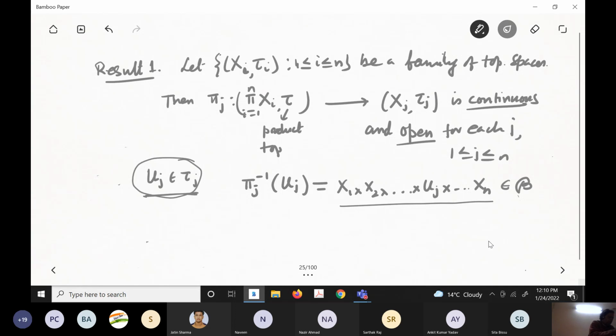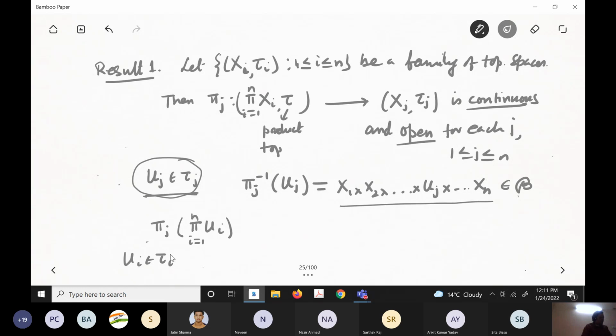For open, all I need to check is that the image of a basic open set is open, because other open sets are unions. So I need to check the projection pi_j on basic open sets. For an open map, you can always check, as also for continuity: the inverse image of a basic open set is open, and for open, the image of a basic open set is open.